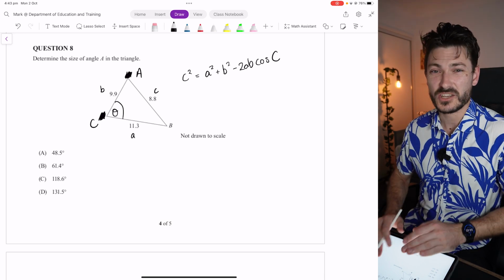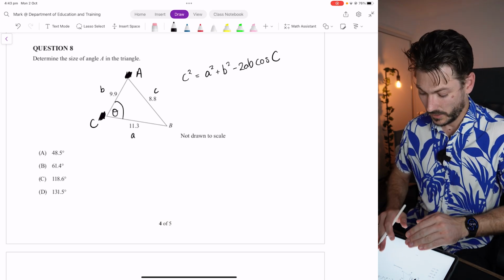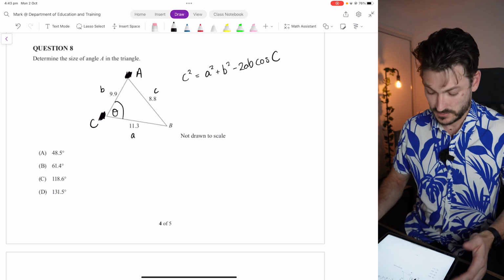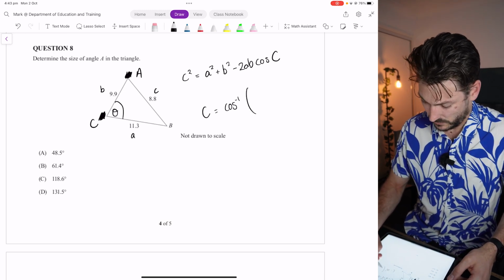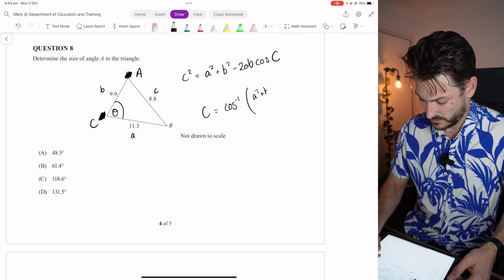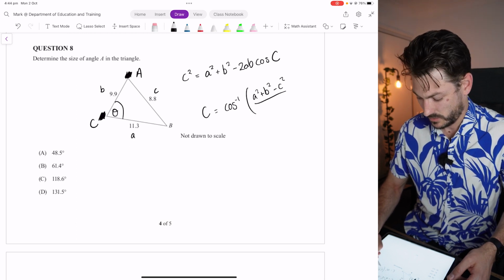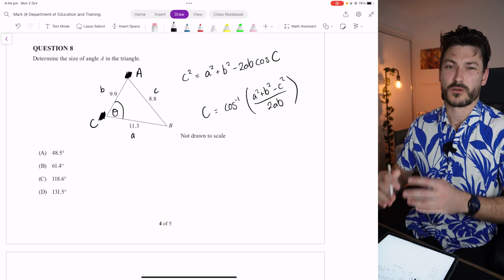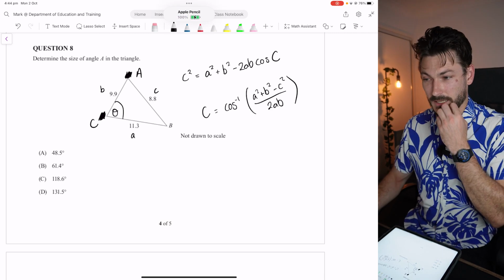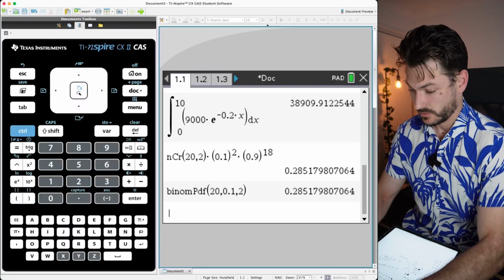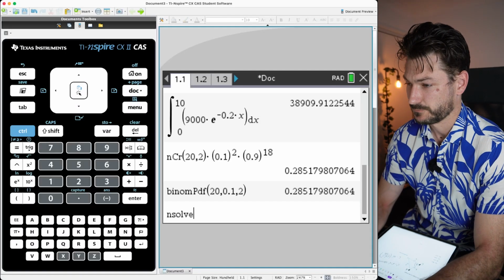Two options, you can rearrange this equation by hand, and you'll get C equals inverse cos of a squared plus b squared take c squared over 2ab. You can kind of remember those formulas and input them, or you can type it into your calculator and solve for that variable. So I'm going to try that one. I'm going to do nSolve.